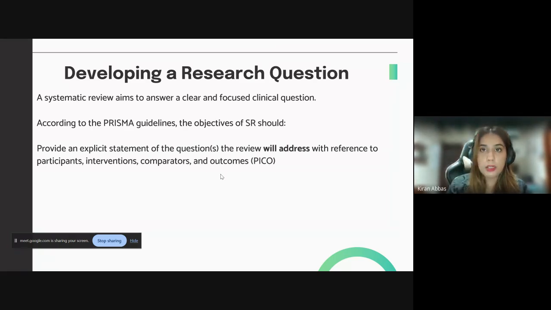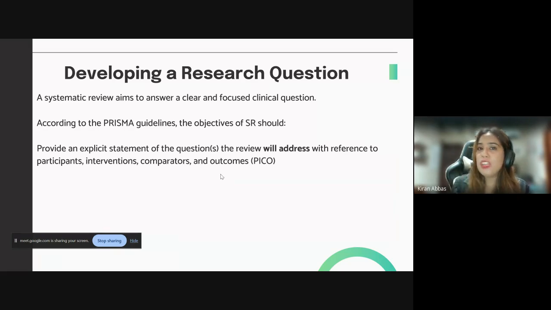It should say who your population is, what intervention you're comparing, what outcome you're assessing, and then the abstract should come, and then the main introduction, the main research question, and then the methodology that you have used, the inclusion and exclusion criteria, the search string that you have used.